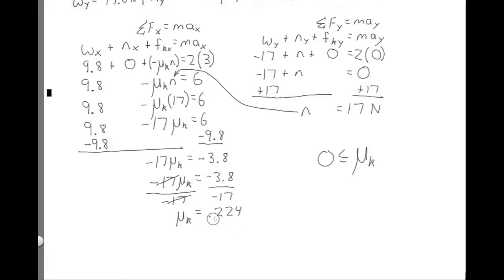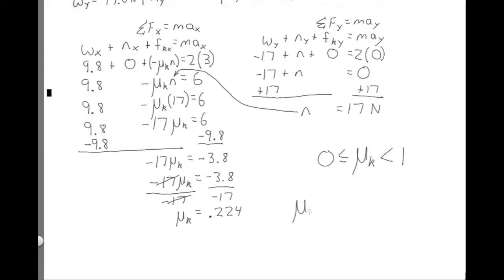Now, what about the size of this result? Does the number 0.22 make sense as the result for mu sub k? Well, do you recall that on typical problems, mu sub k will almost always be less than 1? This is the typical range for mu sub k that you'll almost always see on problems. So yes, this makes sense because 0.22 is between 0 and 1.